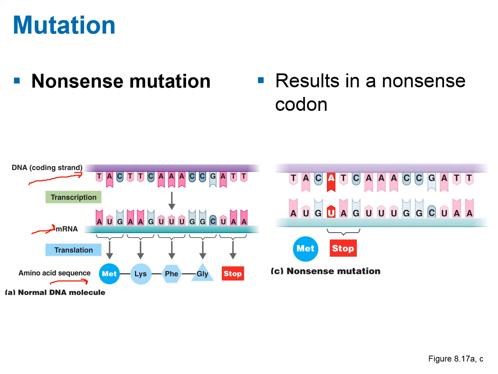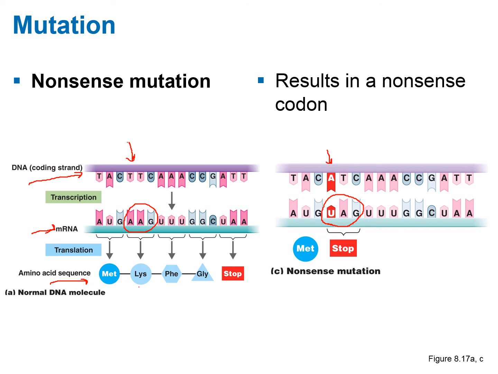When this thymine is mutated to an adenine, we get the introduction of a nonsense codon, that's the UAG. So that was supposed to be AAG, but now it's UAG, and that's a stop codon.